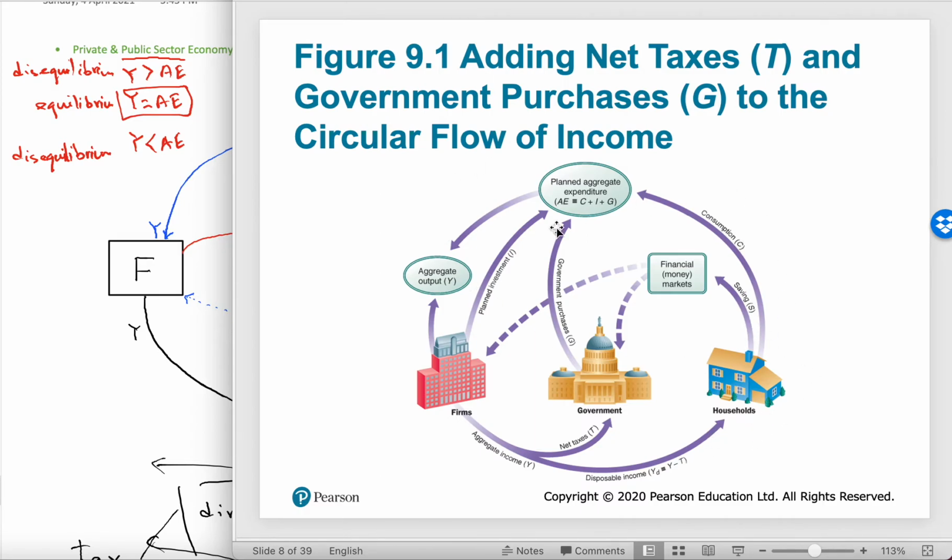Different books present the flow diagram differently, so the markets are not determined here. That's the issue. The financial market is shown here, but the goods and services market is not well presented. This is the goods and services market, which is shown with the oval. All right.